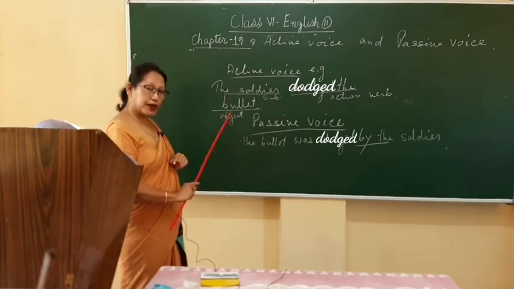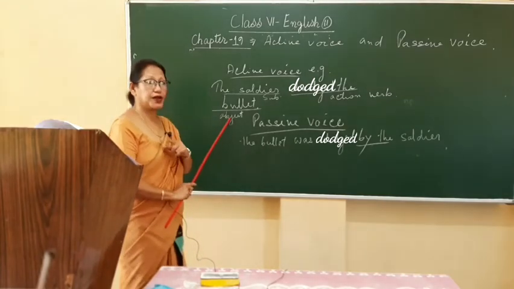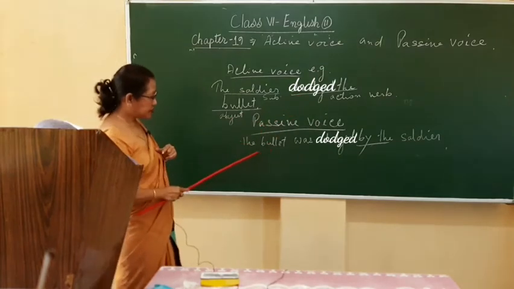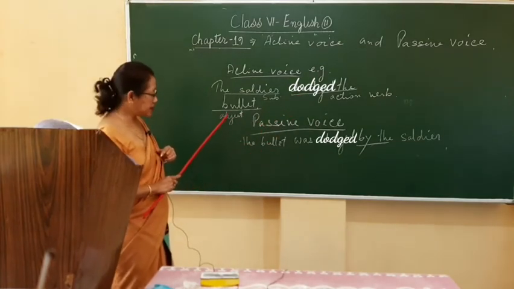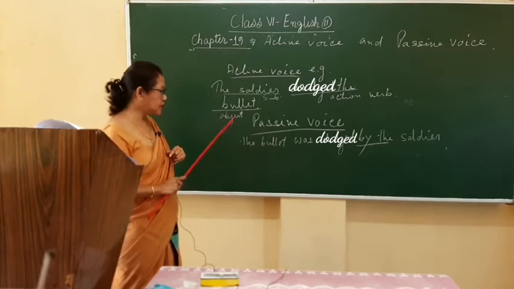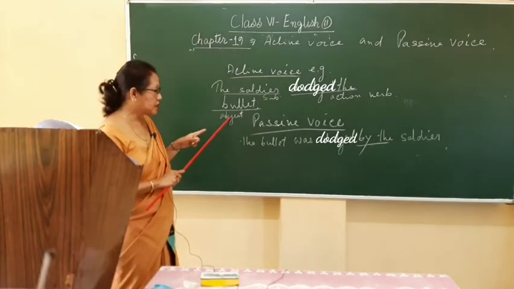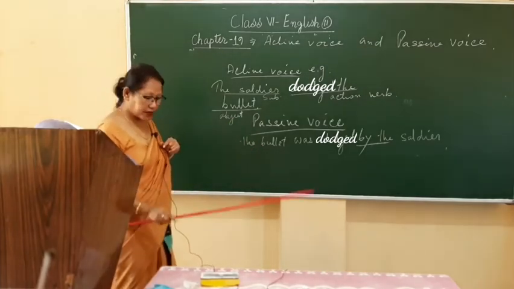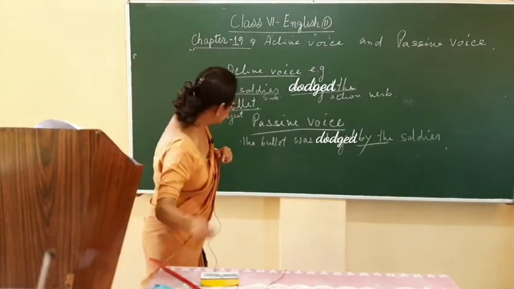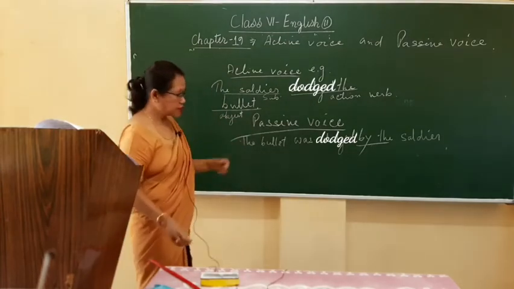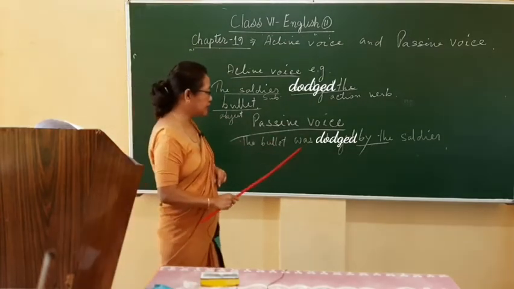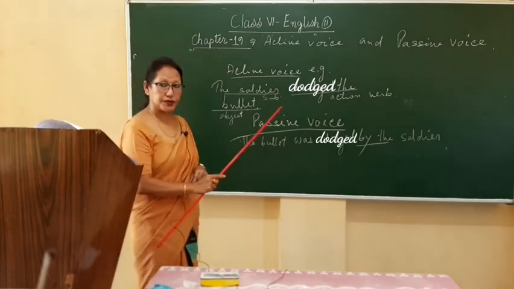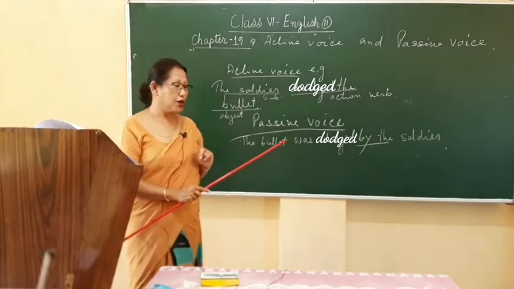Okay, interchange the subject and object. The bullet, see, here we are focusing on the object. In the passive voice, we are focusing on the object. So the bullet was dodged by the soldier. You have to interchange the object to subject and the subject to object.